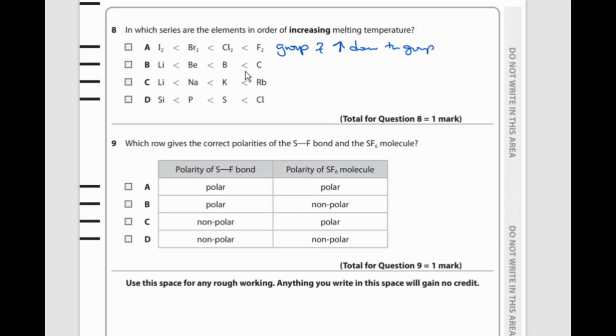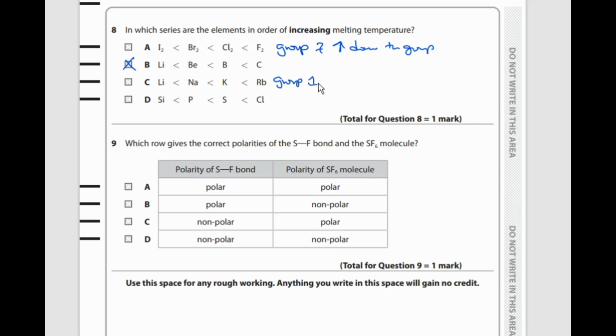In this case, we are moving up the group, so it will not be correct. If we look at B, lithium, beryllium, boron, carbon, we can see for this one we have increasing melting point.